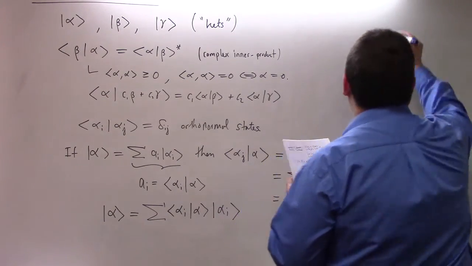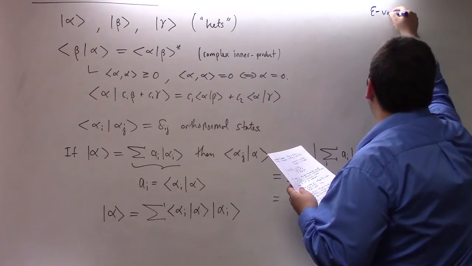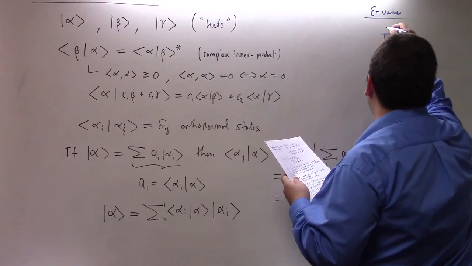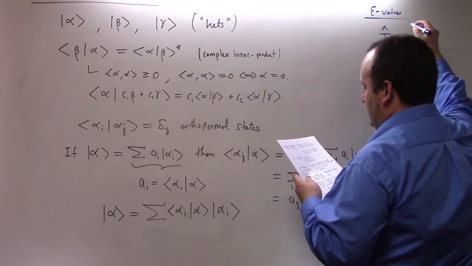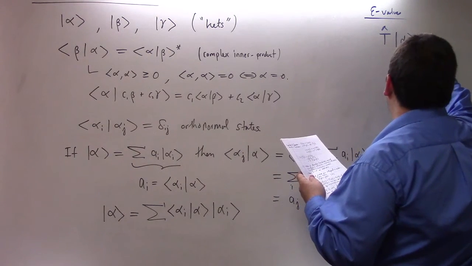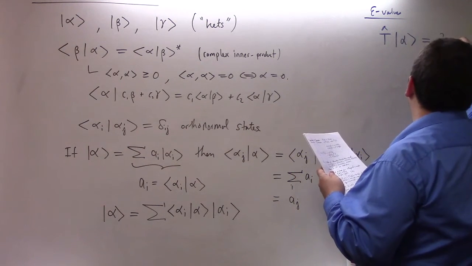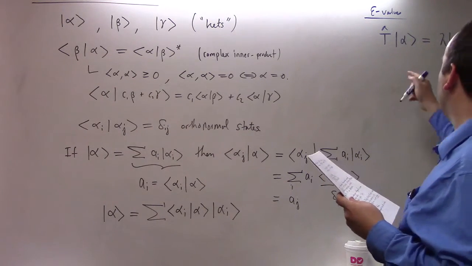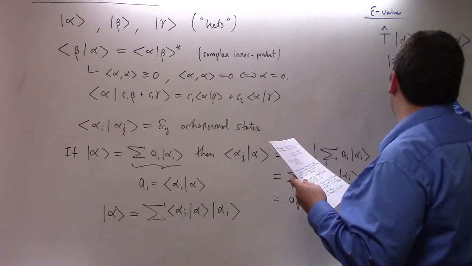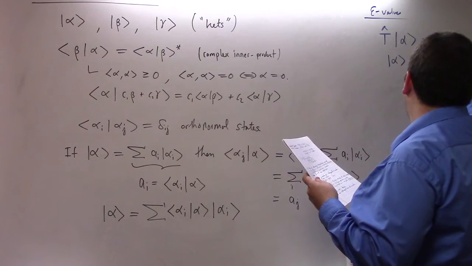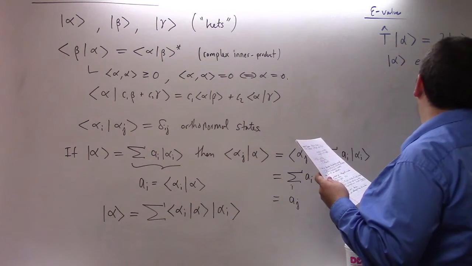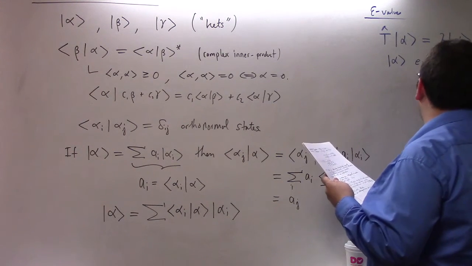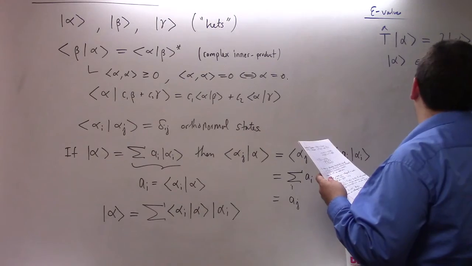We also talk about eigenvalues and so forth. So if you have an operator T on this vector space of states, if we have T alpha equal to lambda alpha, that makes, of course, this an eigenvector of T with eigenvalue lambda, right?